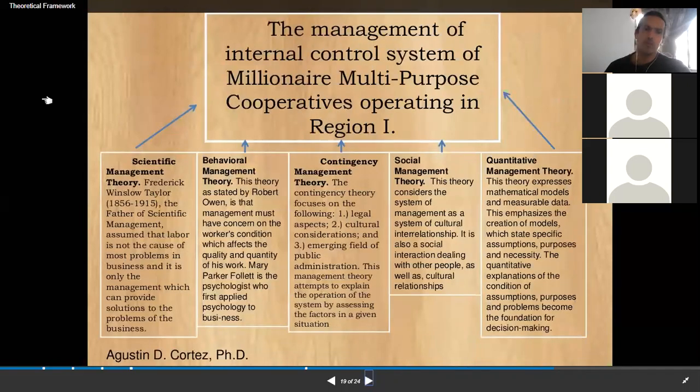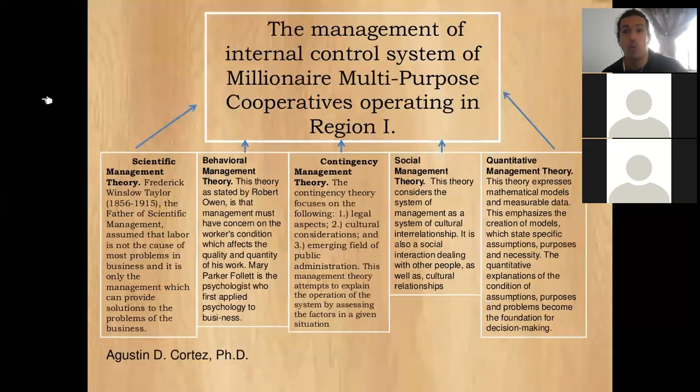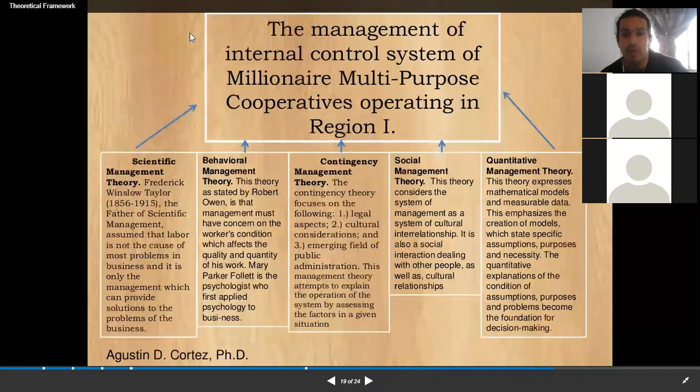the theoretical framework. Okay. For you to start the theoretical framework, we can work with this mind map. So for us to say, for example, what is going to be the title, and then the variables we're going to have in order for us to analyze it, right? As we see right here, for example, the management of internal control system of millionaire multipurpose cooperative operating in region 1.